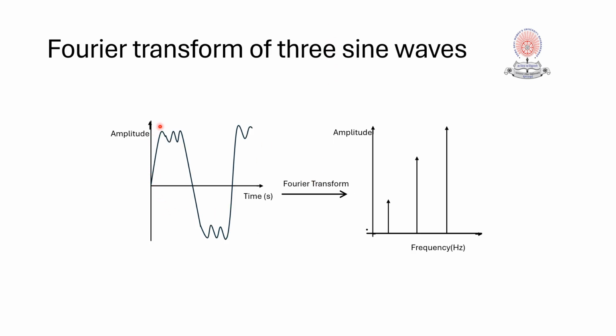Here we can see the result of Fourier transform of three sine waves. The three sine waves of different amplitudes generate three peaks, and the intensity of the peak is controlled by the dipole moment that happens during the vibration upon exposure to IR light.